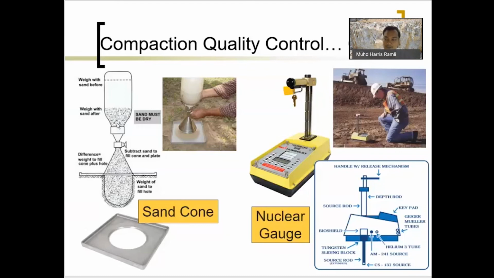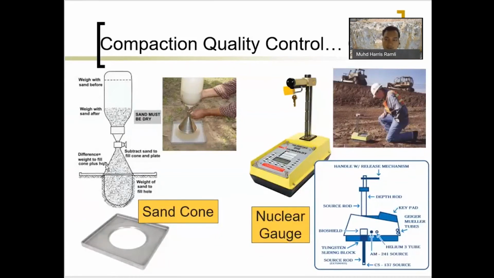So when you repeat the test each and every time, the repeatability can achieve the same value. That's the purpose of using a standard sand. Most of the time, you can use any type of available standard sand, such as Ottawa sand.